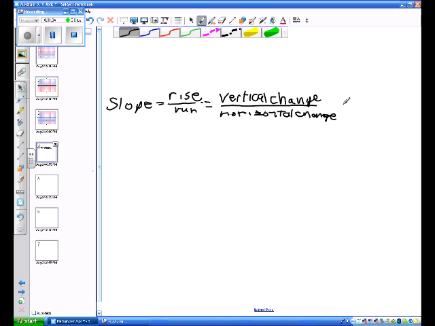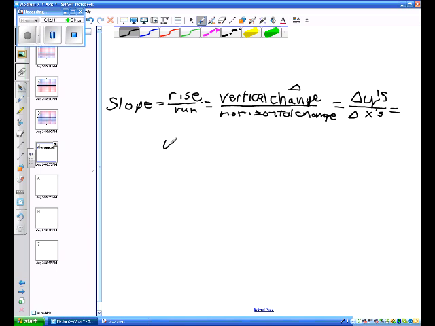If we're talking about a vertical change, then we can talk about the change in y's. Often we'll use a little triangle to mean change. So the change in y's, because your vertical axis is your y-axis, over your change in x's. Now, a change is figured out by subtraction.